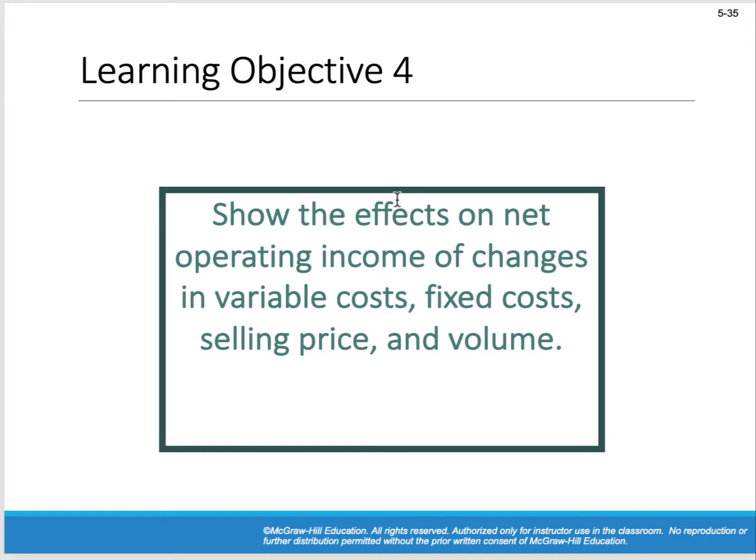We never, ever report fixed costs on a per unit basis. Why? Because of the way they behave. As activity goes up, the more we sell goes up, our fixed cost per unit decreases.